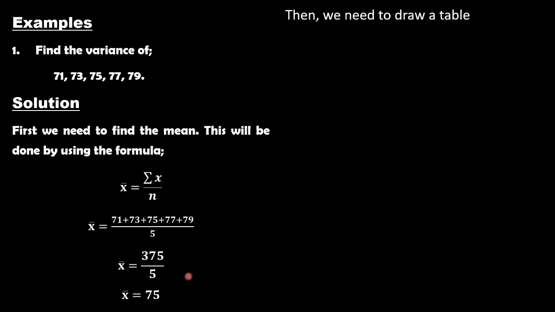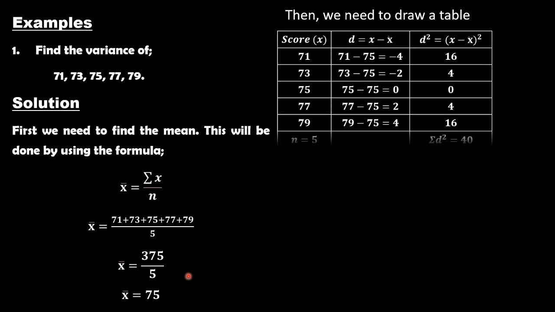Now, the next thing we do after getting the mean is to draw a table. You can see that in this table, the values in the data set are arranged in one column.